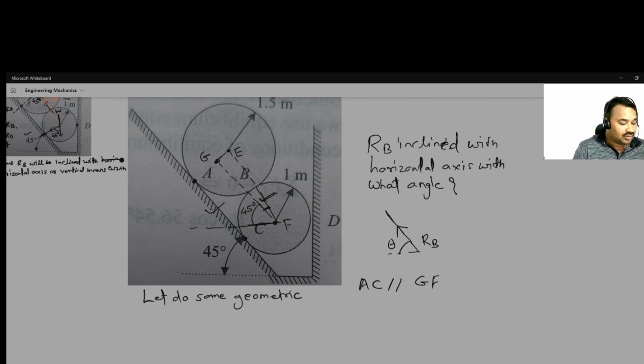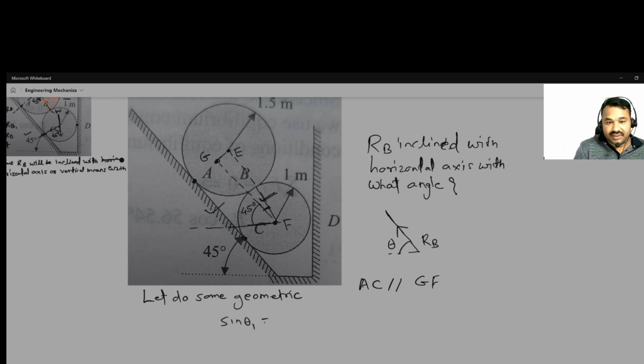Our finding is sine of some angle, which I am calling theta 1.